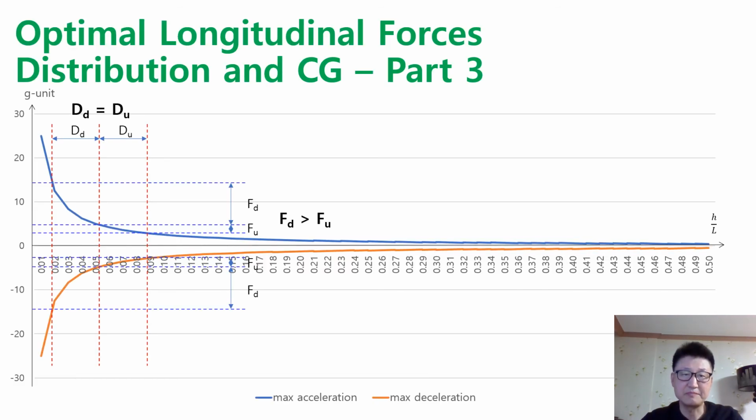I explained the importance of lowering CG height with practical example. Lowering CG height is the only way to improve both of acceleration and braking performance.